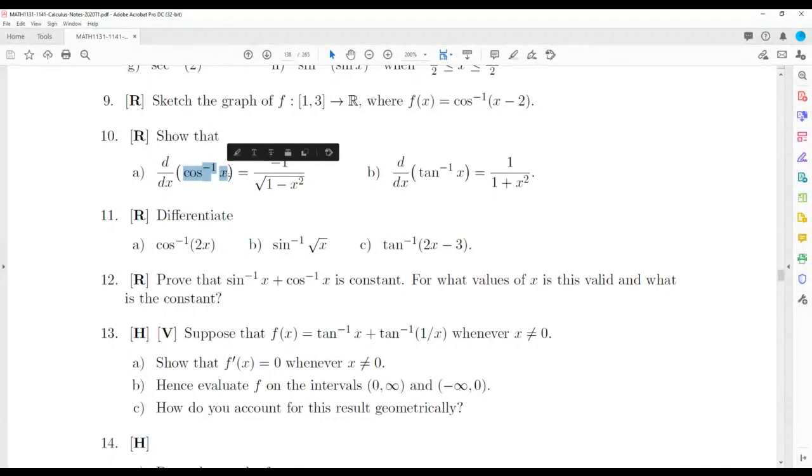Okay, so let's work out what our strategies are for this particular problem. Okay. Now, one of the key ideas here is implicit differentiation. Okay, so that's one of the really key strategies for this kind of problem.